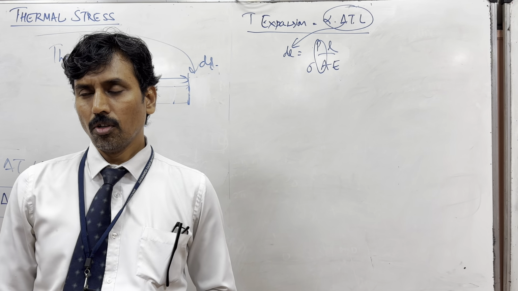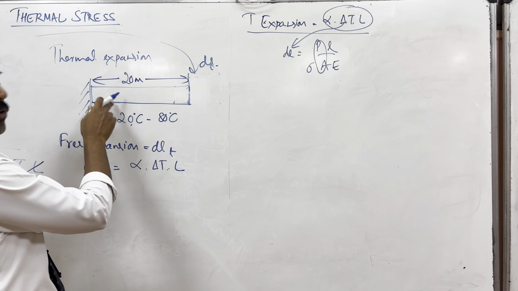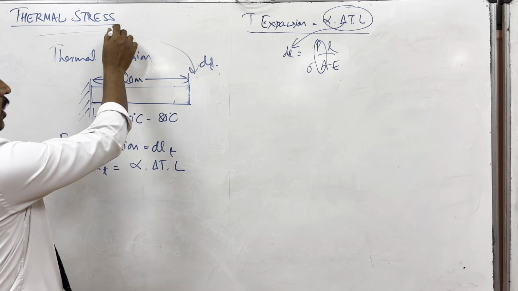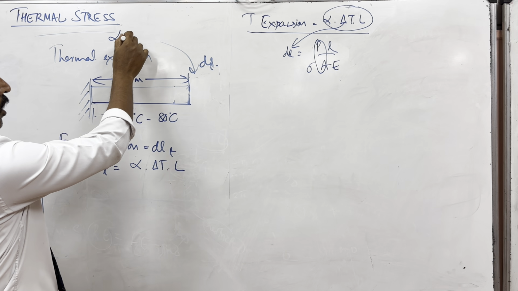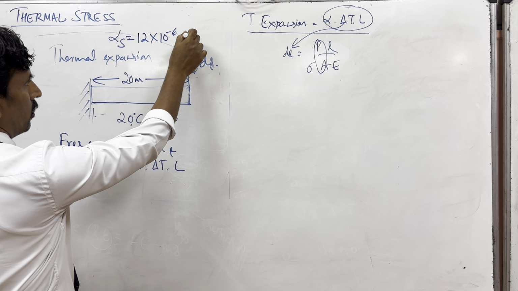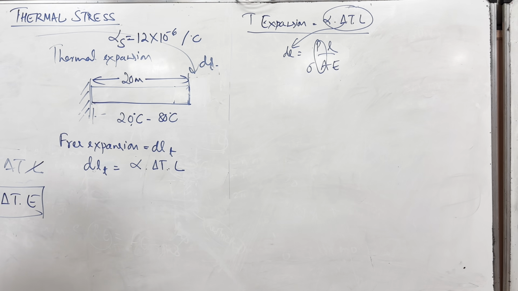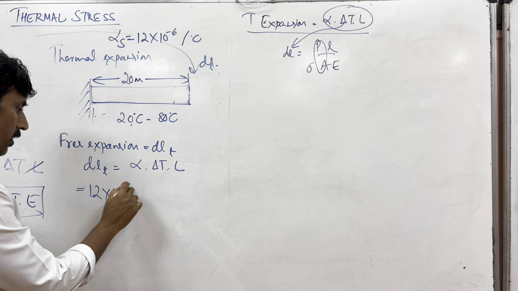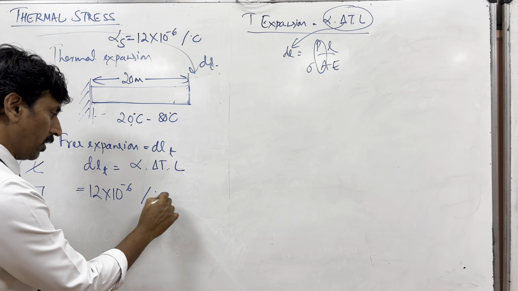Is it a steel rod or an aluminum rod? It is a steel rod, and for steel, alpha S is 12 into 10 to the power of minus 6 per degree centigrade.